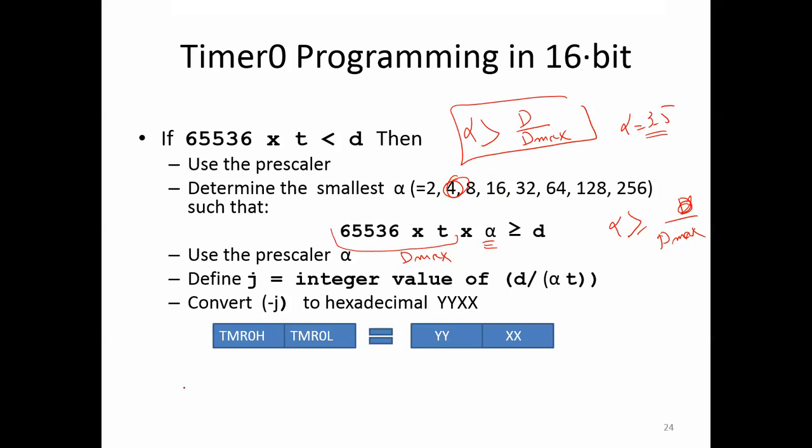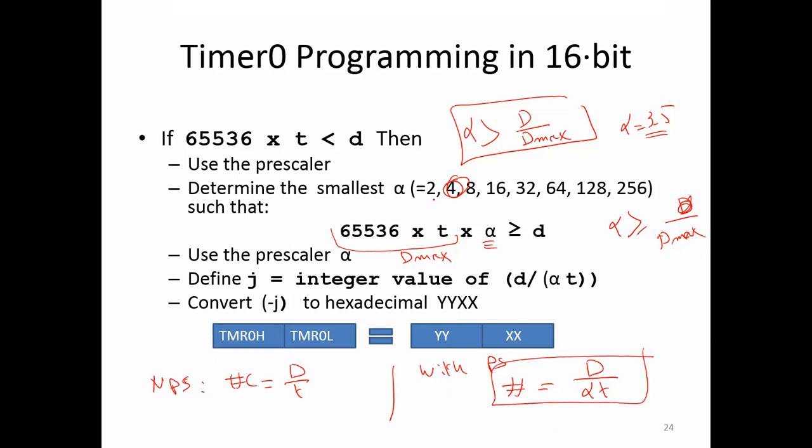Without prescaler, we have seen that the number of counts equals the delay divided by the period T. With prescaler, our T will be alpha T. So the number of counts will be equal to the delay divided by not T but alpha T. And alpha should be one of these values, so we select the smallest value that is greater than the value that you found. Is it clear?